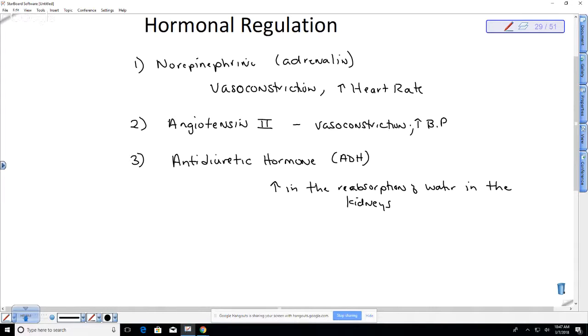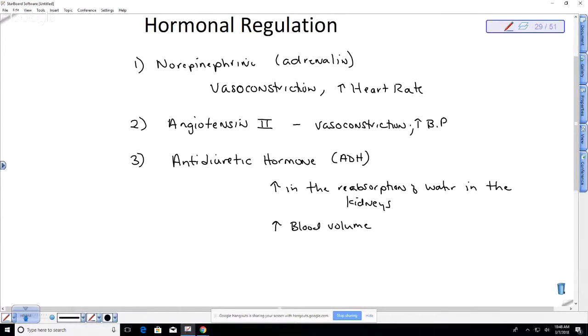So this is important if you stop drinking water, right? And you're starting to get dehydrated, your body should start to really focus on producing very concentrated urine, which is why your urine becomes more yellow and darker colored the more dehydrated you get. And so what this is going to do is increase blood volume.